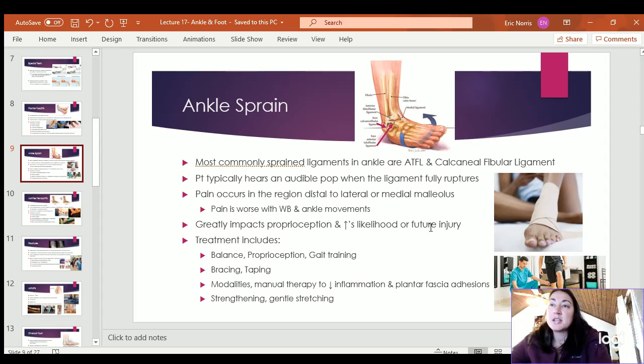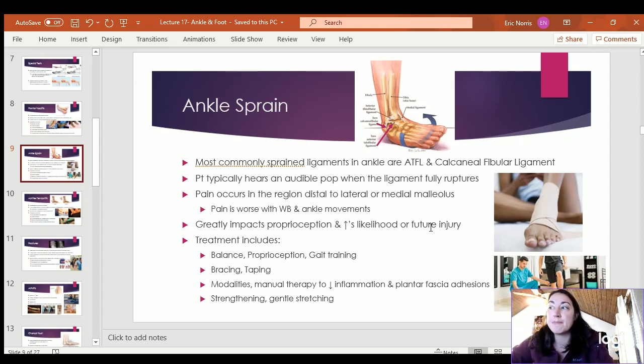And the biggest thing as far as physical therapy that we need to pay attention to is that an ankle sprain greatly impacts your proprioception and increases the likelihood of another ankle sprain in the future or falls or things like that. So after an ankle sprain, it's key for someone to do balance training, proprioception training, gait training, all of those things.